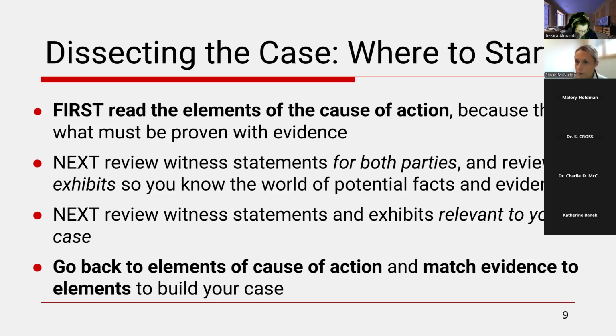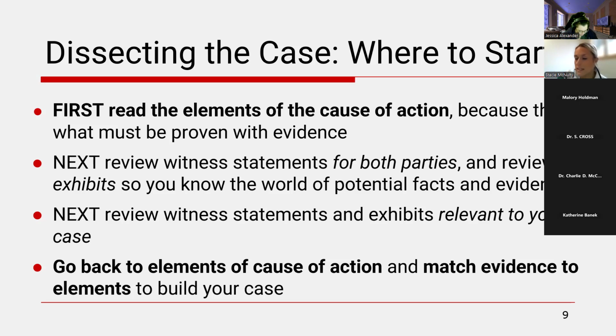So you're going to say, for example, if I was the state, you would go and say, okay, I'm going to reread Mama Bear, Papa Bear, and Baby Bear, or the Bear Family Trust and a bird that was on the property, whatever witnesses it is. Then review yours, because that's what you're going to start to work from. Then go back to the causes of action, all those elements, and match the evidence to the elements to build your case.